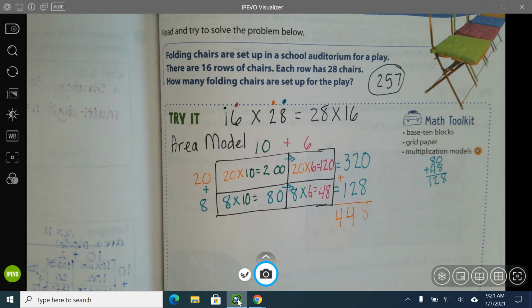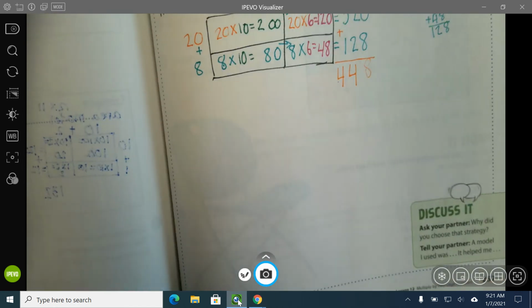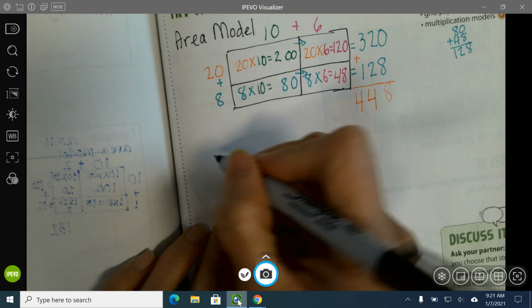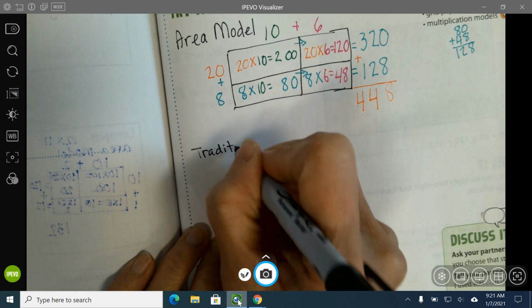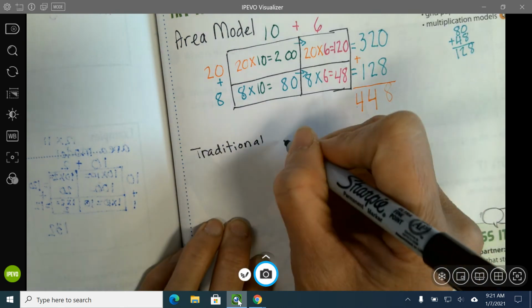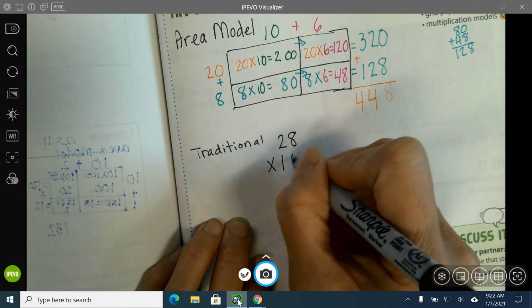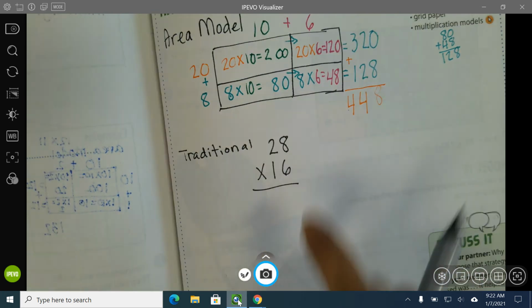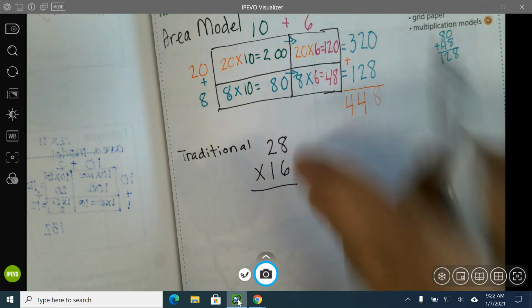Now, I am also going to demonstrate using the traditional form as a check to see if we're getting it right, okay? You can demonstrate this or show your parents over your dinner table. So traditional, I'm going to pick the big number on top, 28 times 16. Because it is a fact family, I should be able to reverse them.